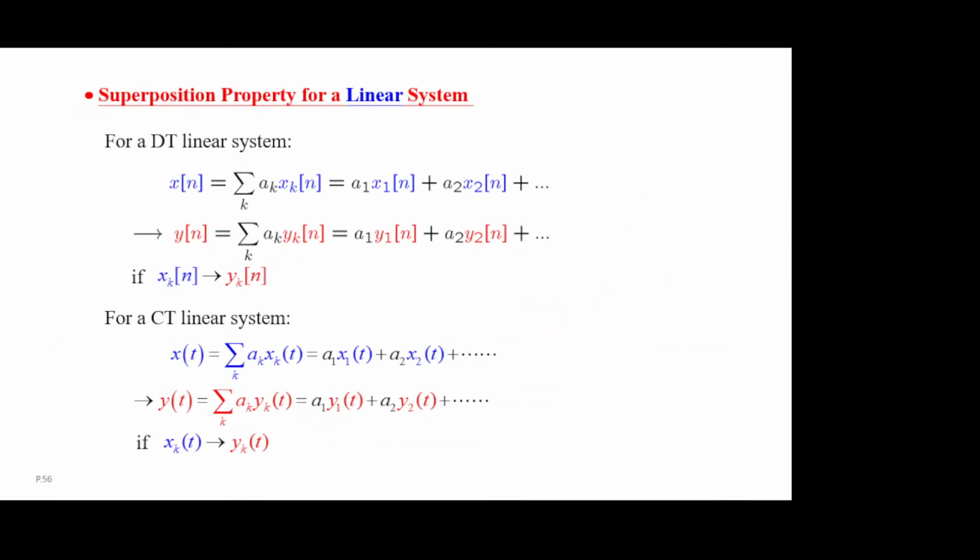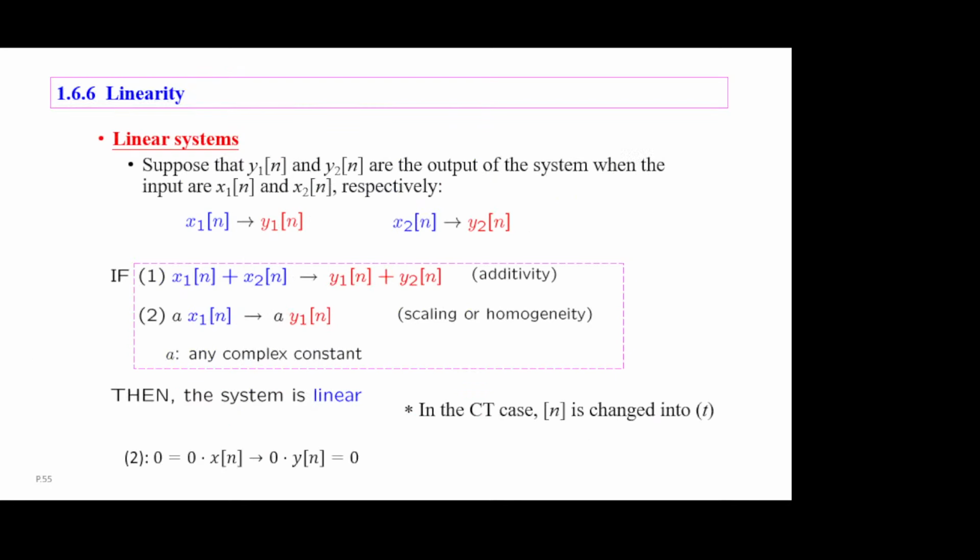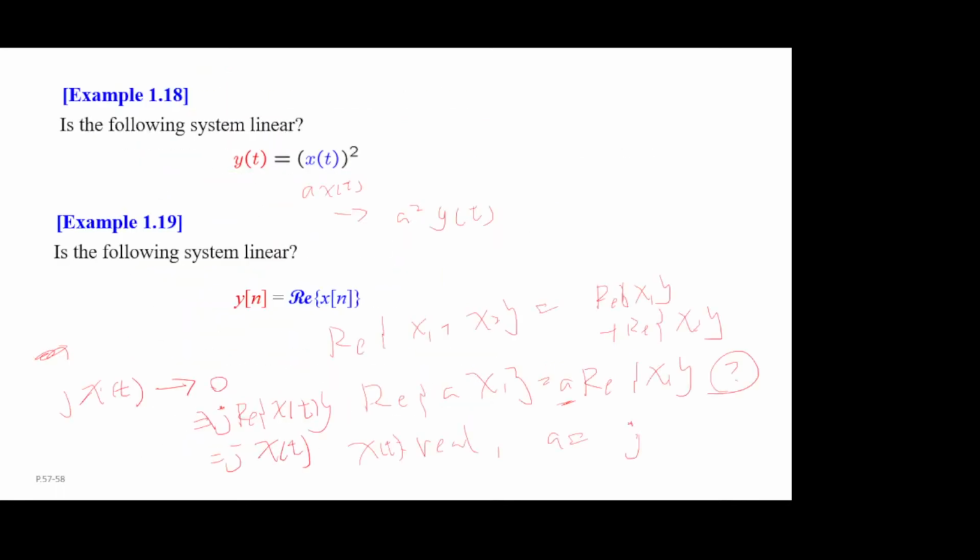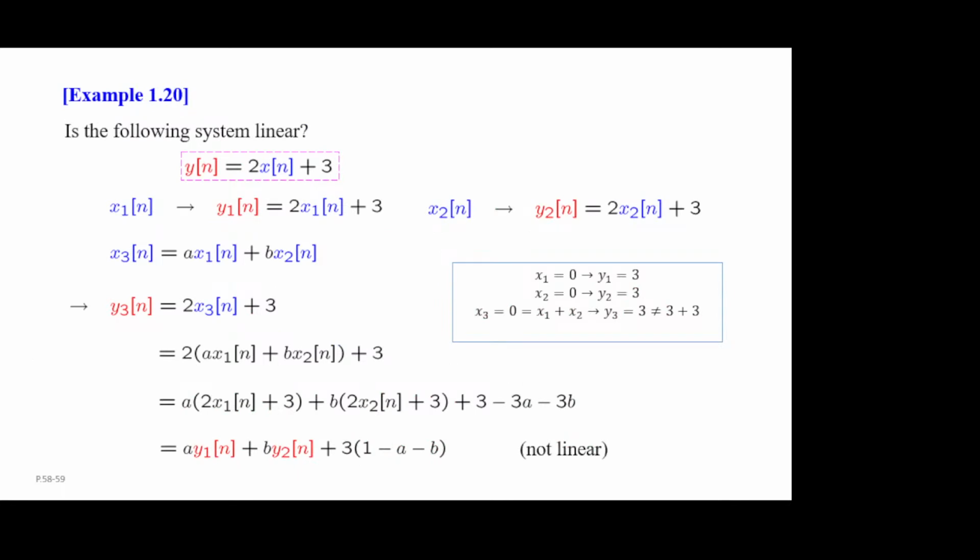Remember we said that if you are linear, then you put 0 as input, you should get 0 as output. And here that is not the case. If you have 0 as input, you get 3 as output, and that's just not correct. And that will break linearity as we've checked carefully.